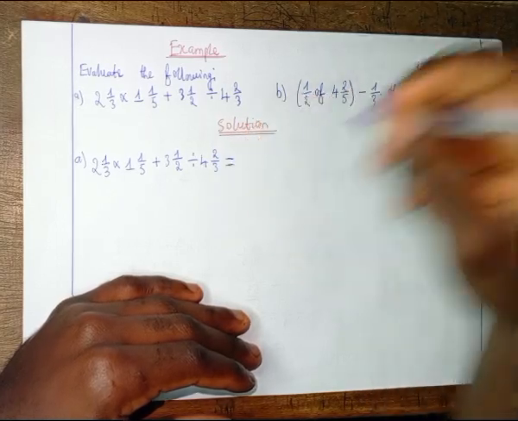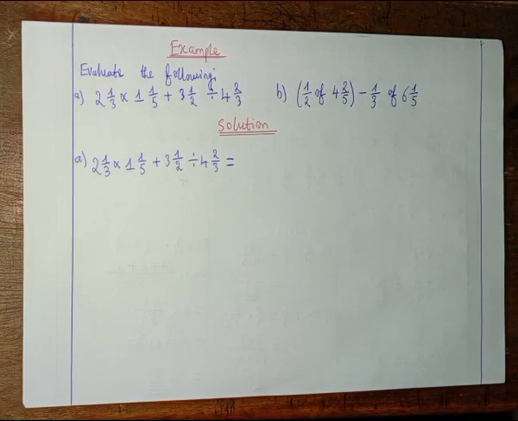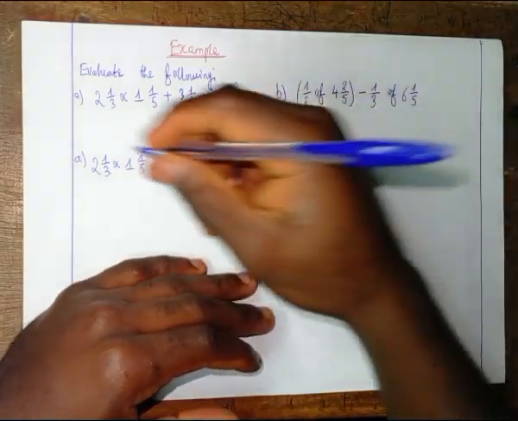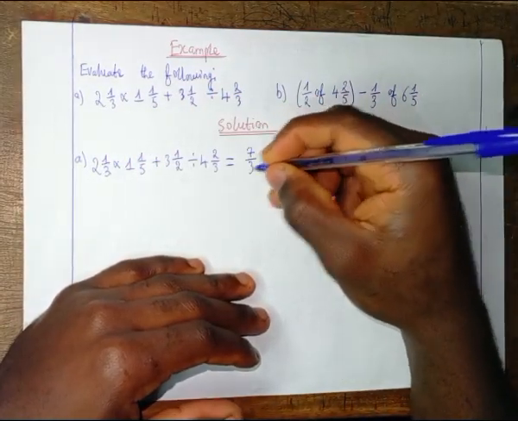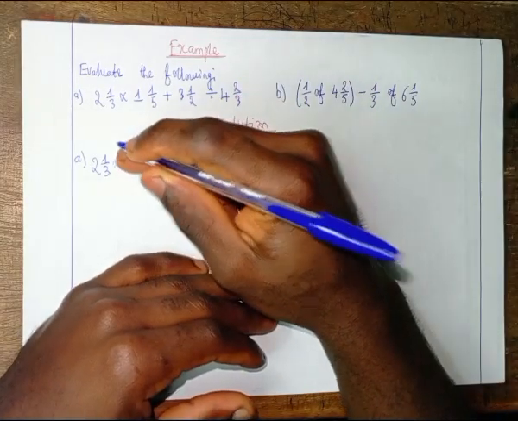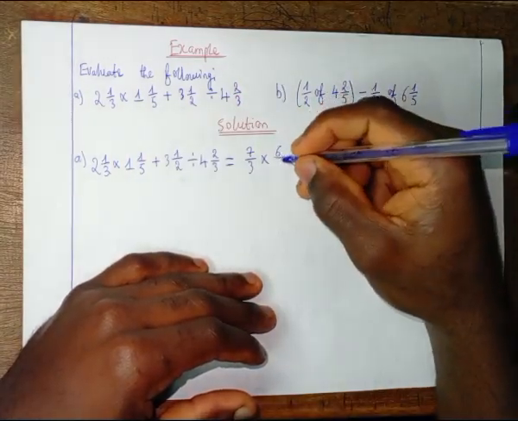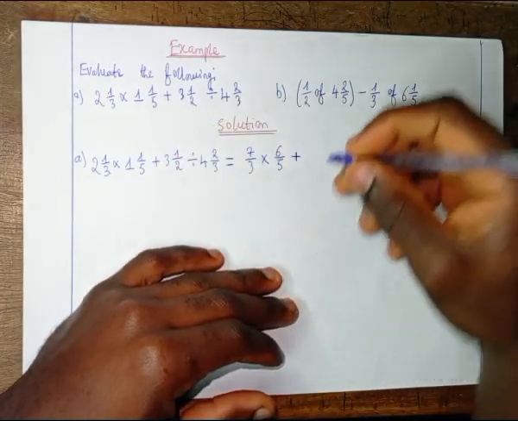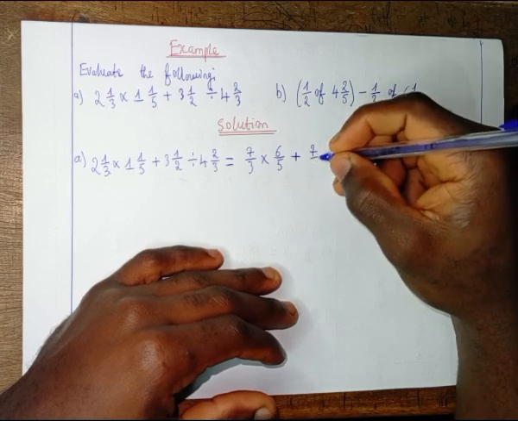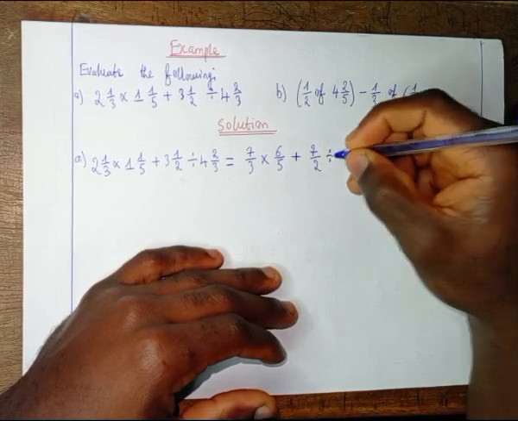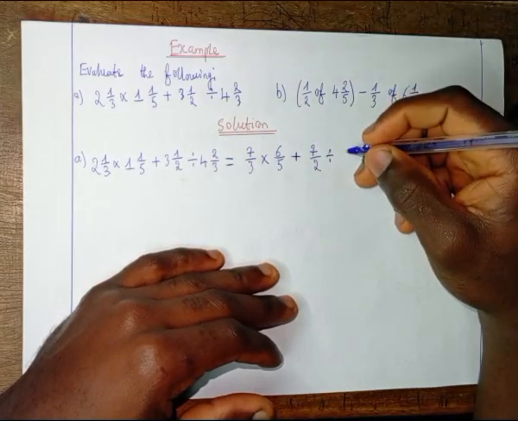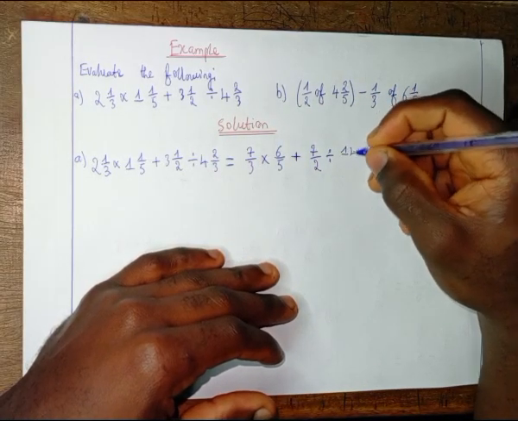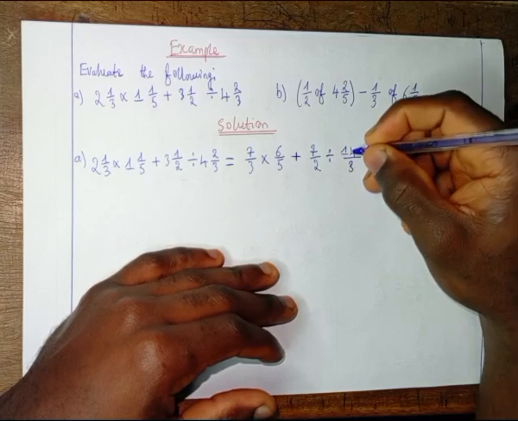This will simply be equal to, first thing, we are going to start by changing all the mixed fractions to improper fractions. 3 times 2 gives us 6 plus 1, 7/3 times 5 times 1 gives us 5 plus 1, 6/5 plus 2 times 3 gives us 6 plus 1, 7/2 divided by 3 times 4 gives us 12, 12 plus 2, 14 on 3.